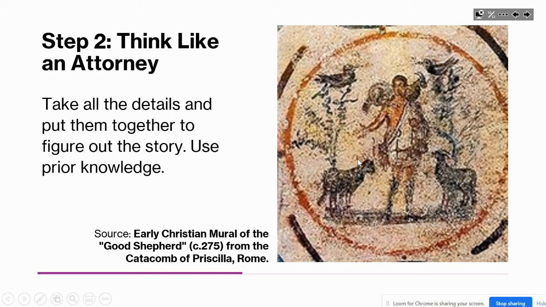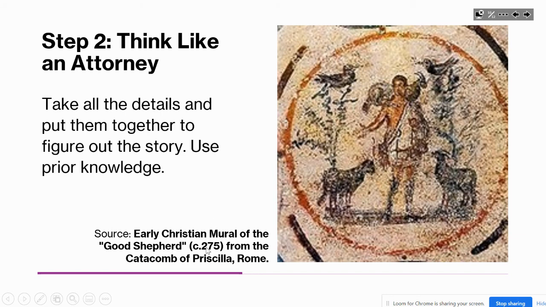All right, so if you said that it's possible that they're depicting Jesus here, then you're correct. Because here we can also look at the caption. If you understood or had prior knowledge of what the Good Shepherd is, then you know that this would be considered Jesus.